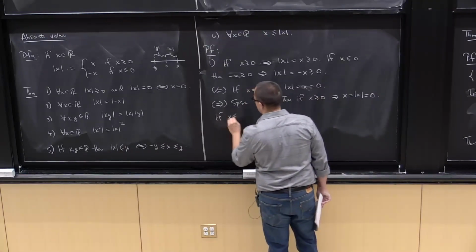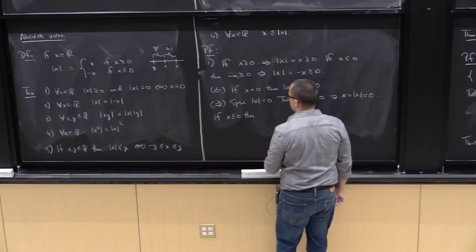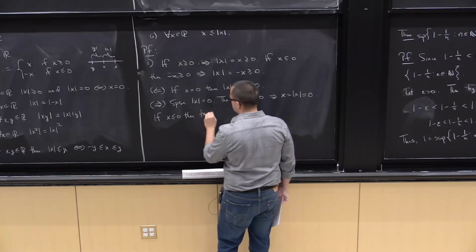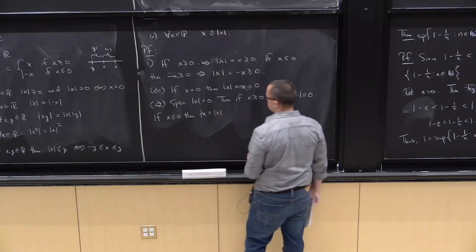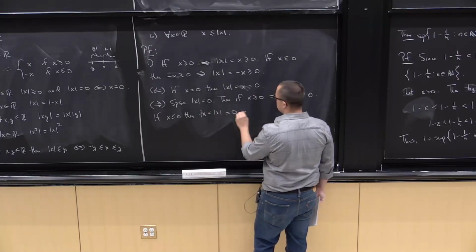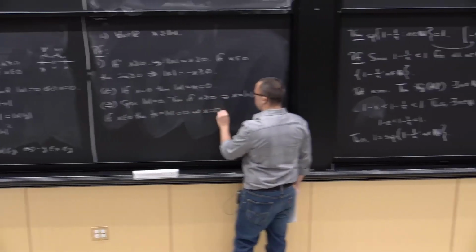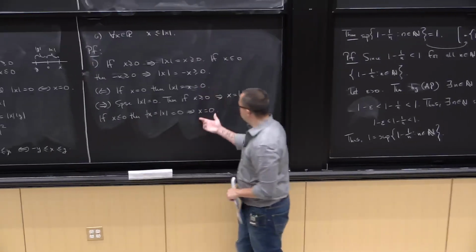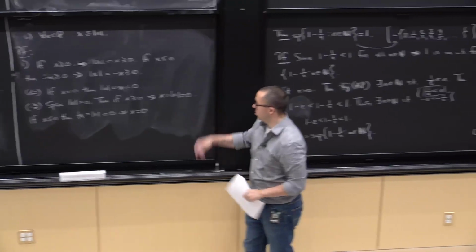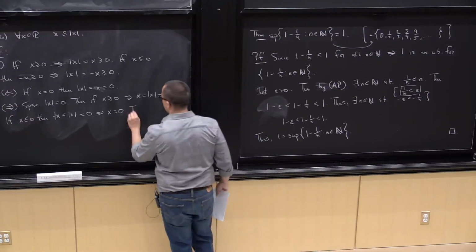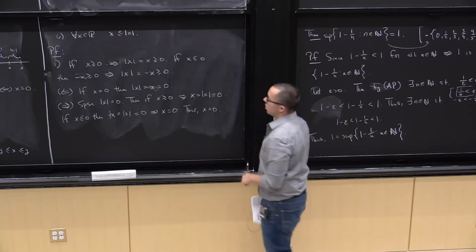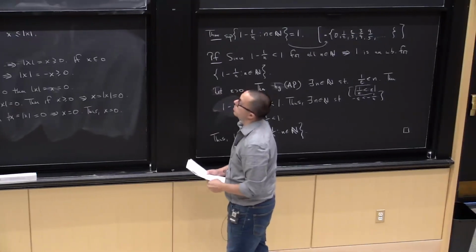If x is less than or equal to 0, then minus x is equal to the absolute value of x, which equals 0, so x equals 0. So assuming the absolute value of x is 0, we've proven that x equals 0 in both cases. All right, so that proves the first property.